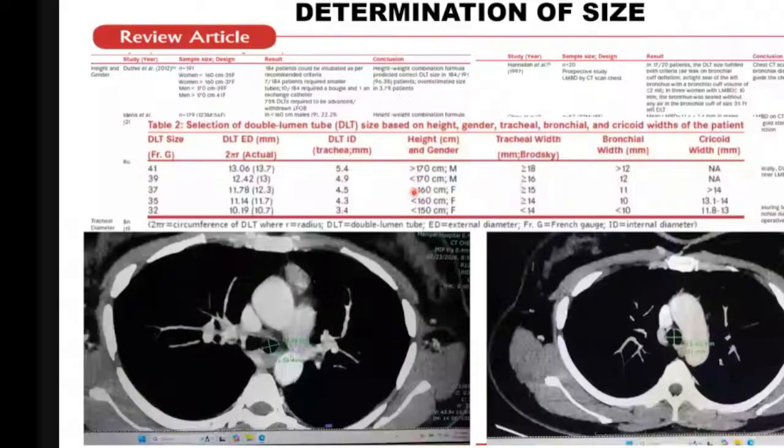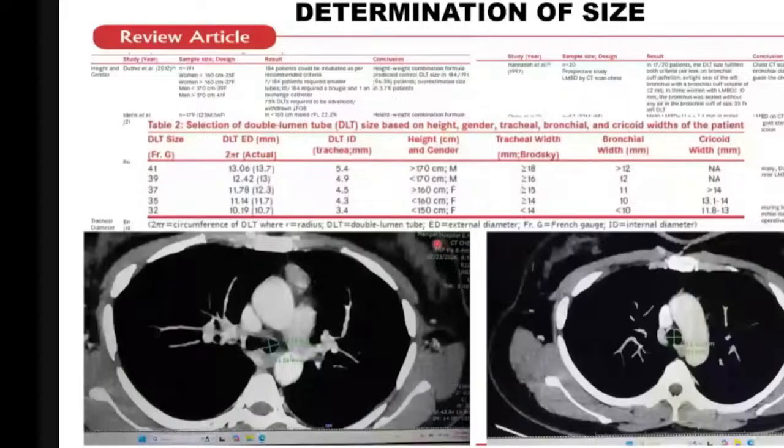Into the placement techniques, we always use a video laryngoscope to place the tube, and during placement anteriorly, we place it as the lumen crosses the vocal cord, clockwise or anti-clockwise.